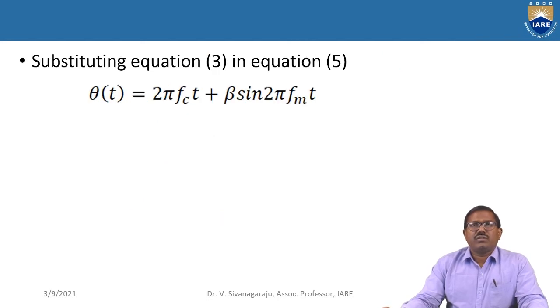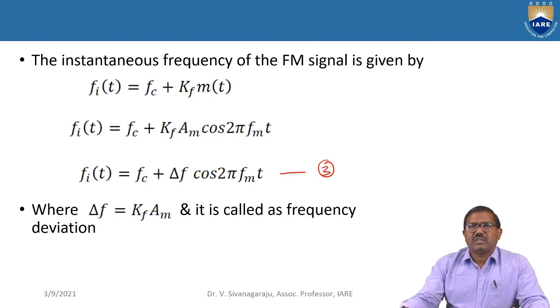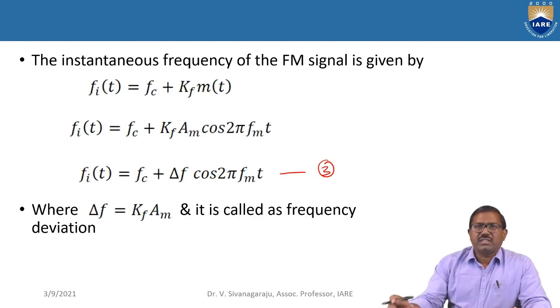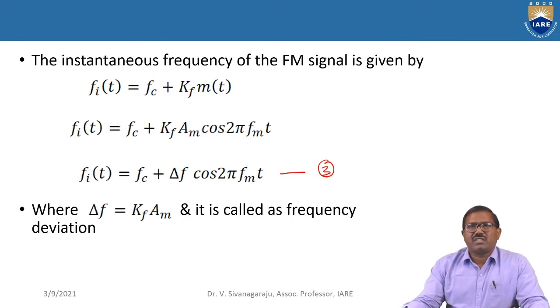Now we are going to substitute equation 3 in equation 5. First let us see what our equation 3 and equation 5 are, and how we get this theta of t value. So fi of t is fc plus delta f cos 2 pi fm t.